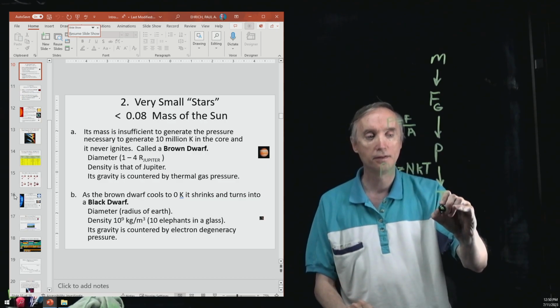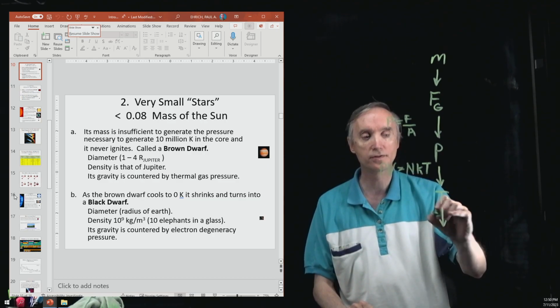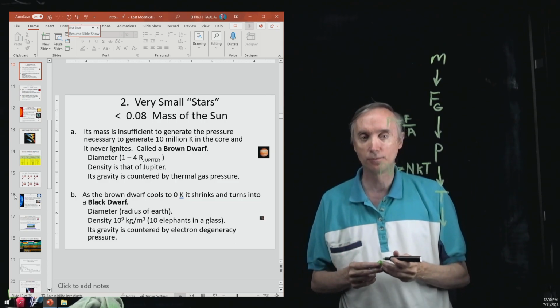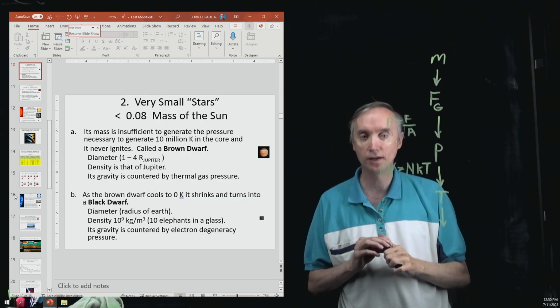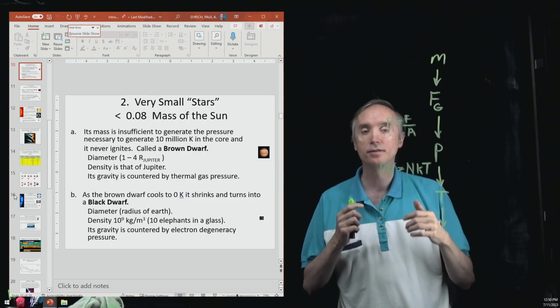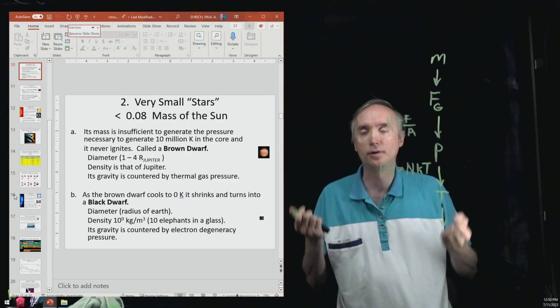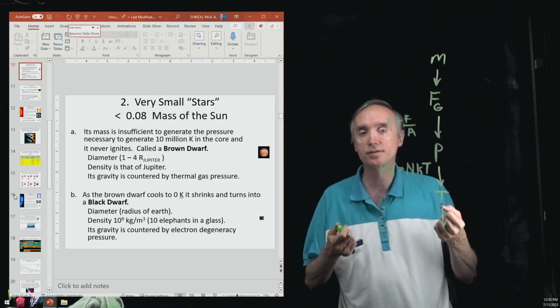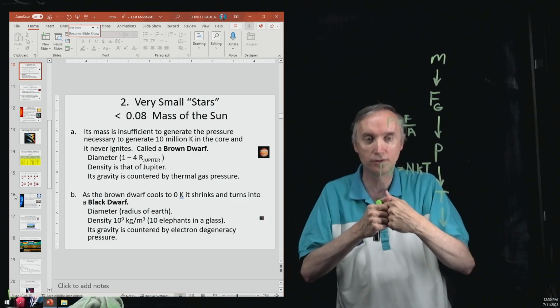And then the higher the temperature gets, eventually, if we can get to this magic number of 10 million Kelvin, then the hydrogen inside of this star will smash into each other.